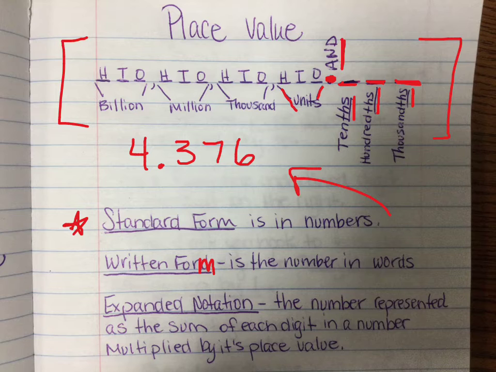So when we do written form, it's numbers written in words. You write it exactly like you read it. So that's why we have to learn how to read these numbers. And then expanded notation is the number represented as the sum of each digit in a number multiplied by its place value.